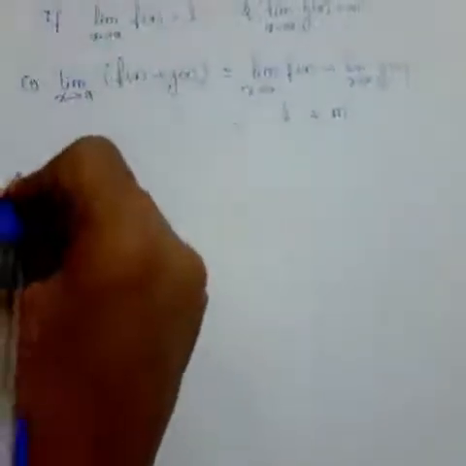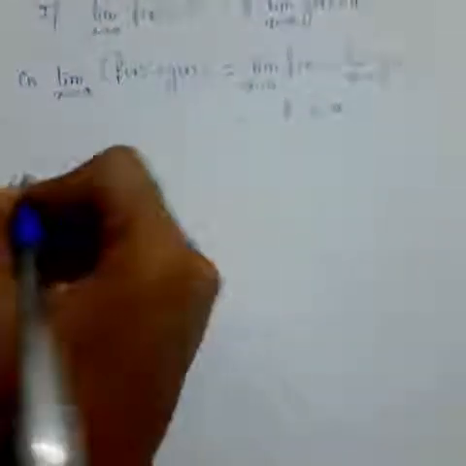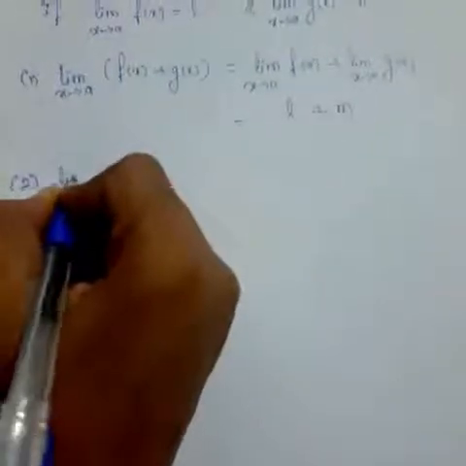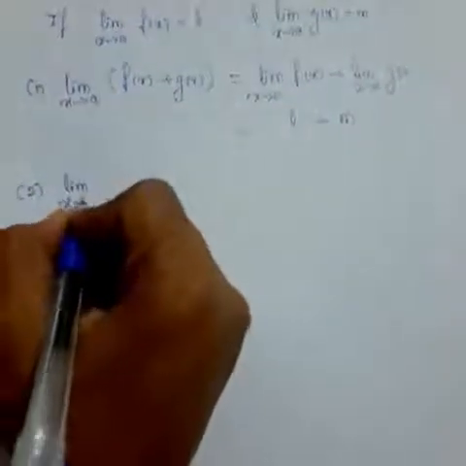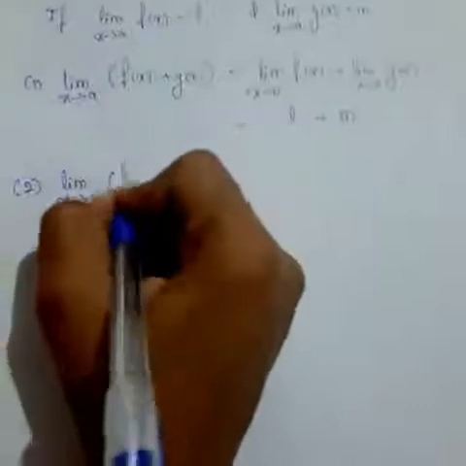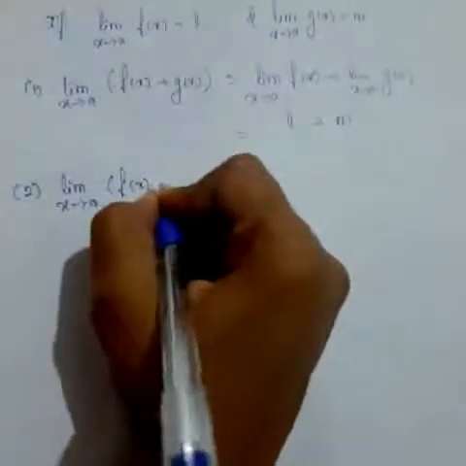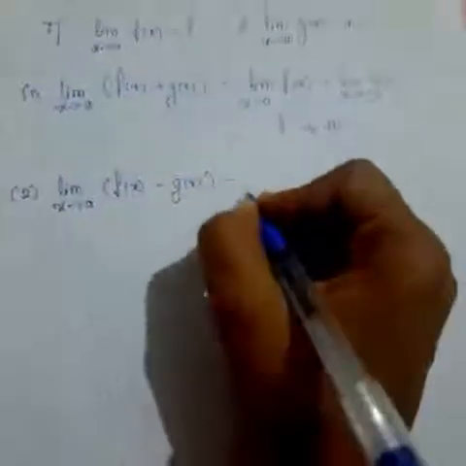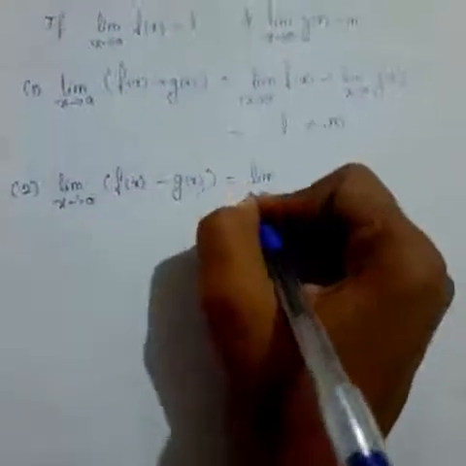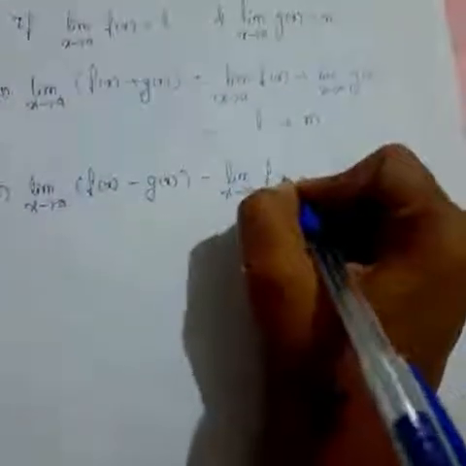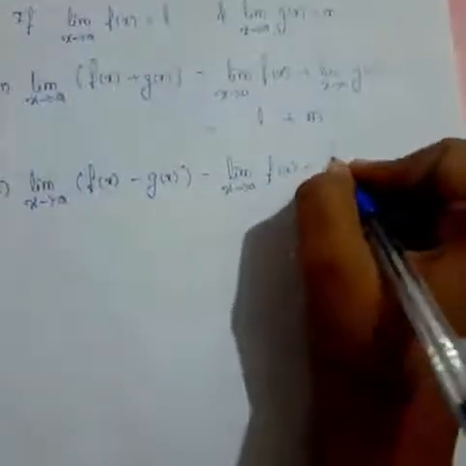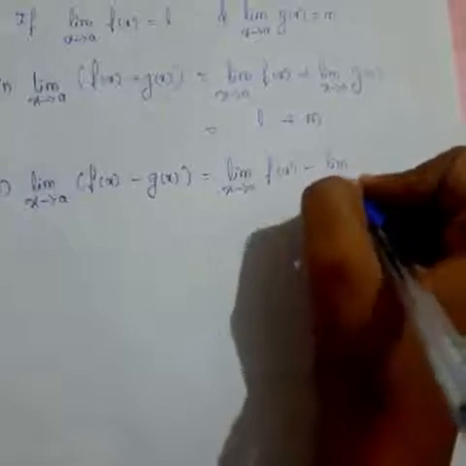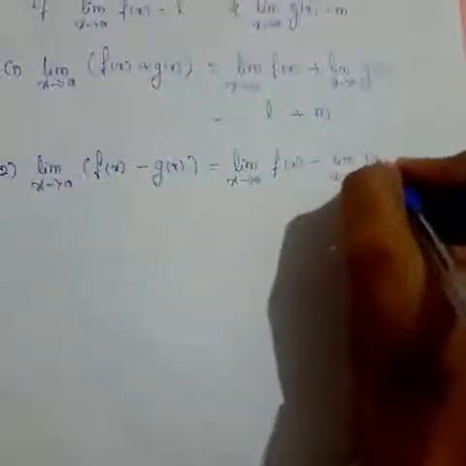The next, the second one: the limit as x tends to a of f of x minus g of x is equal to the limit as x tends to a of f of x minus the limit as x tends to a of g of x.